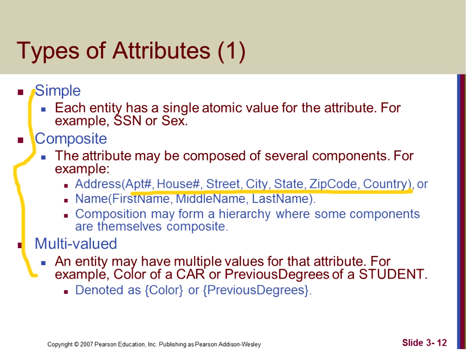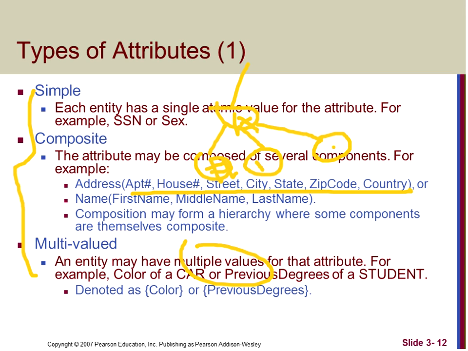There are three different types of attributes: simple, which we can draw with an oval connected to the entity; composite, which is like this one, consisting of sub-components, like the address. Address has the street number, street name, and zip code, something like that. And multi-valued, in case you have multi-valued data, for which we can use a double oval. This is important. Why do we need to identify the multi-valued attribute in an ER diagram for database design?